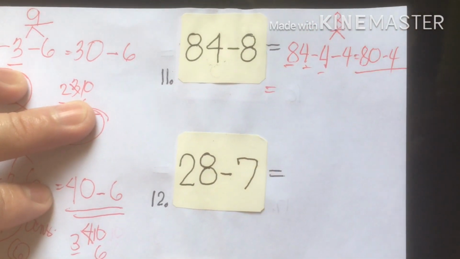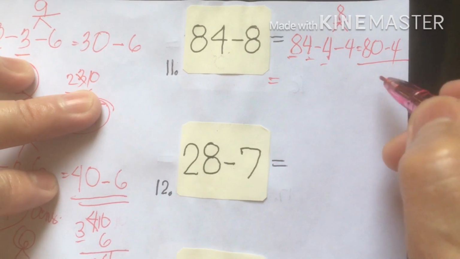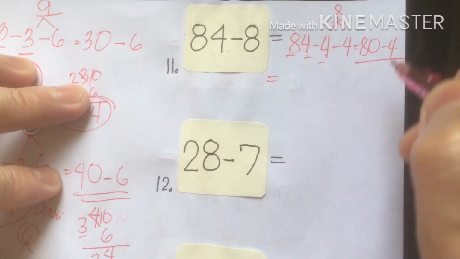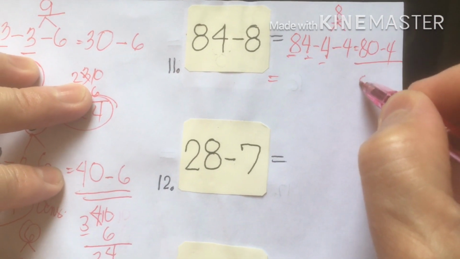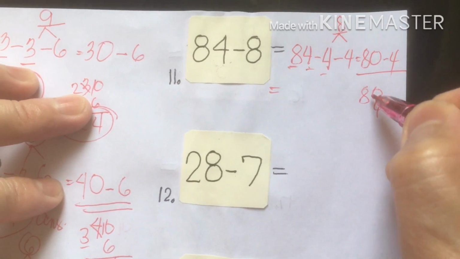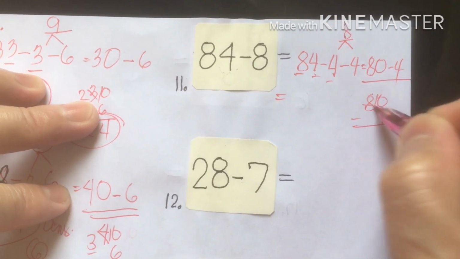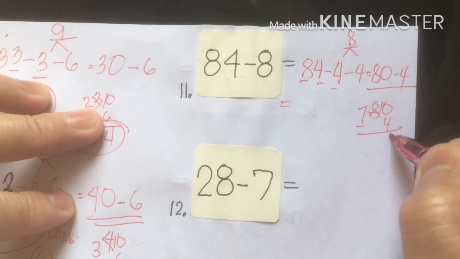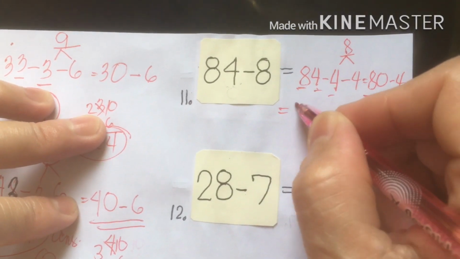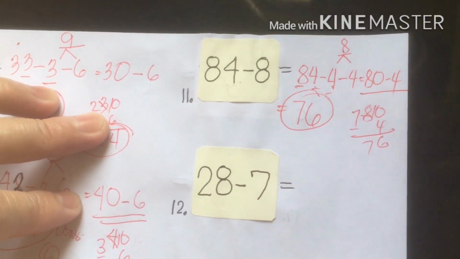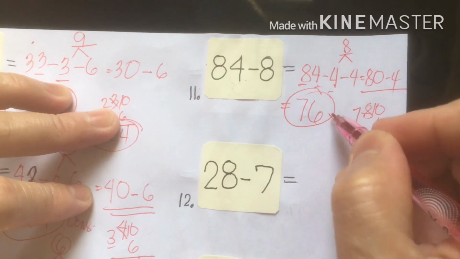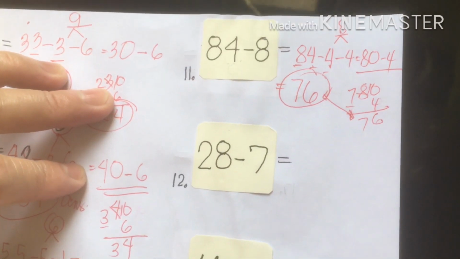So I'm going to put an equal sign. So 80 minus 4. I'm going to show you guys here quickly, 80 minus 4. 10, 7. So we have here 6, then 76. Okay, that is our answer for number 11.